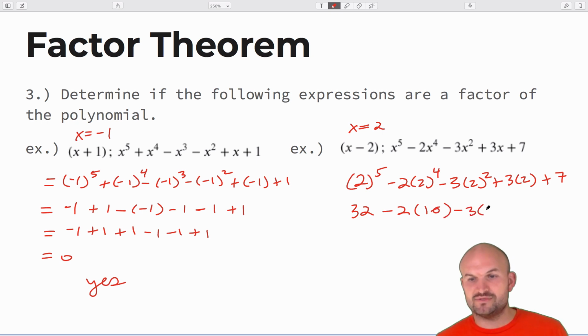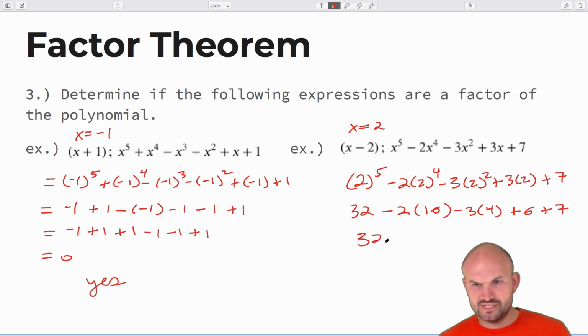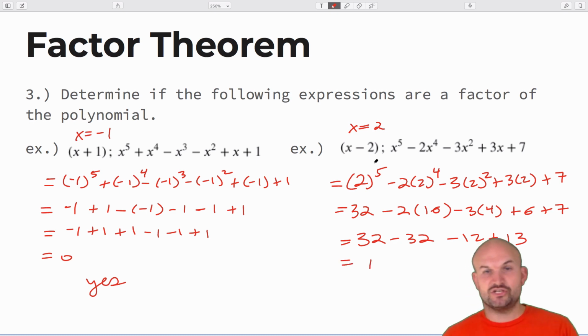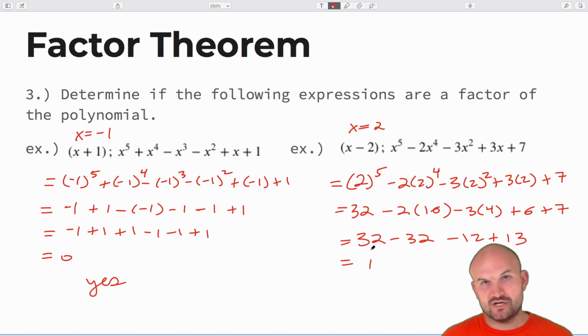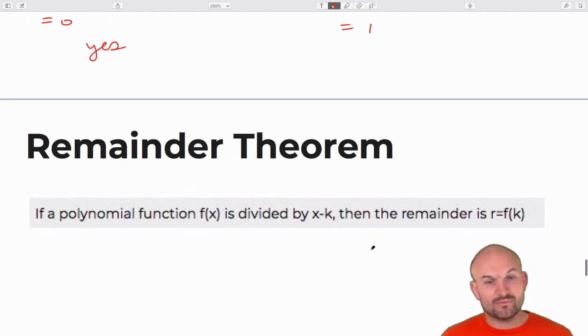Minus 3 times 2 squared, which would be times 4, plus 6 plus 7. So that's 32 minus 32 minus 12 plus 13. Obviously that goes to 0, and you can see my answer is going to be a positive 1. So therefore, x minus 2 is not a factor because it does not equal 0, which brings us to our next theorem, the remainder theorem.